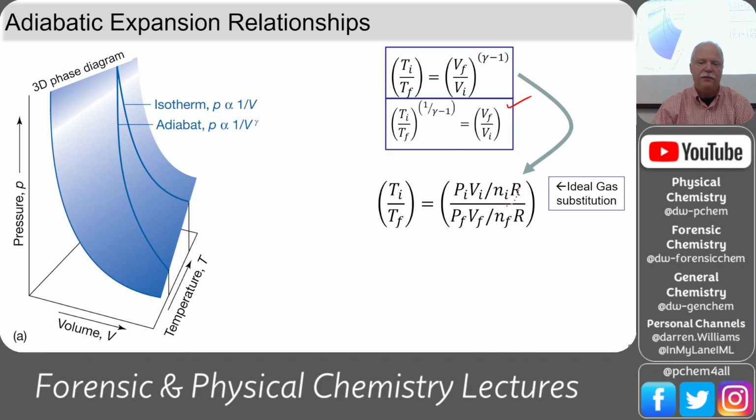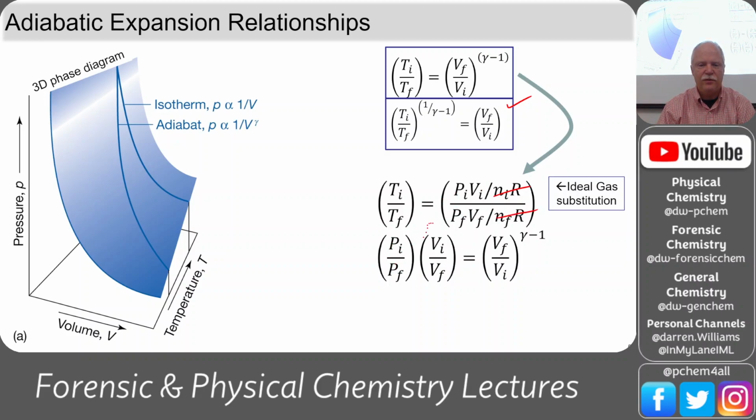Now, like I said, if I wanted to get rid of the temperature and put in pressure, then I could use the ideal gas substitution, and the nRs would cancel. And so I have PI over PF, and I have the VI over VF. Here I've got volumes on the left and volumes on the right. I don't like that algebraically, so I'm going to move those volumes over to the other side.